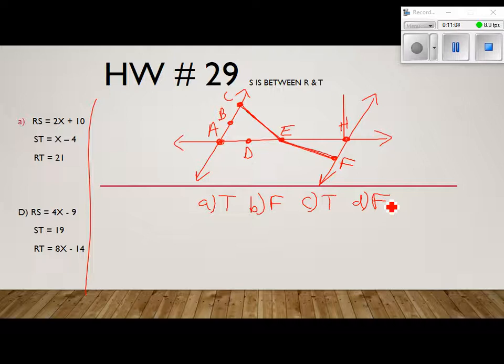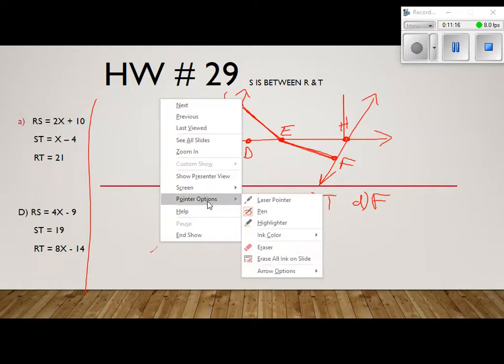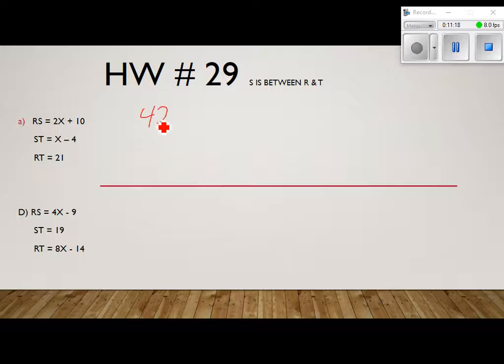Yes, Alyssa. 42. 42? 5x plus 7 equals 9x minus 17. We just want to solve that, right?